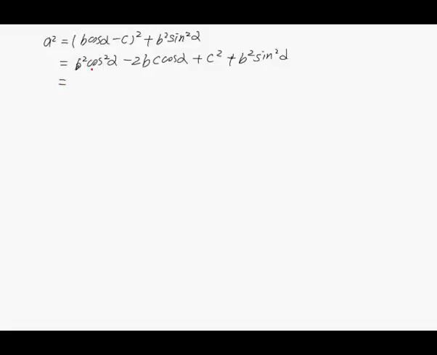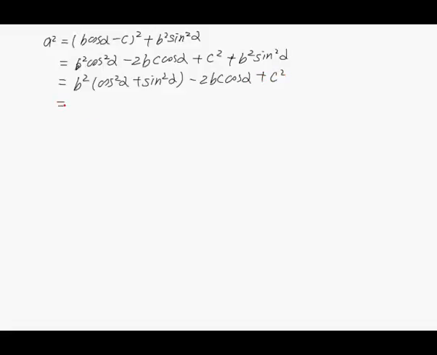Now you combine this b squared times cosine squared alpha and this b squared times sine squared alpha together. So you have b squared times cosine squared alpha plus sine squared alpha, and then minus 2bc times cosine alpha plus c squared.